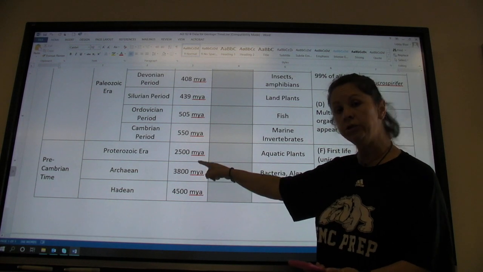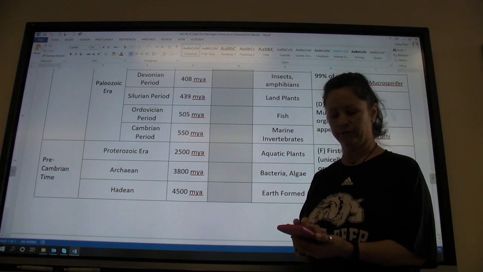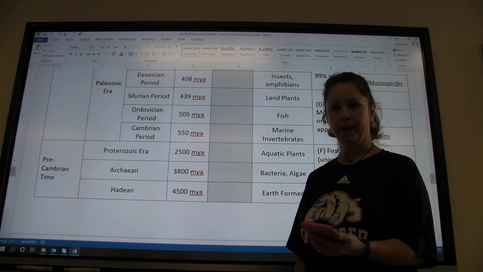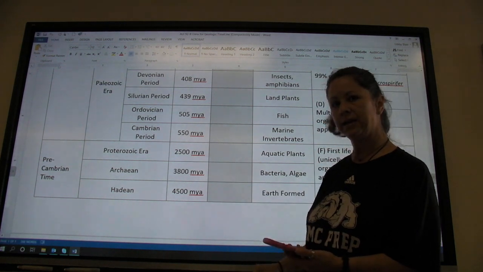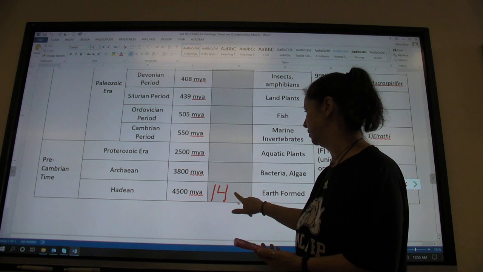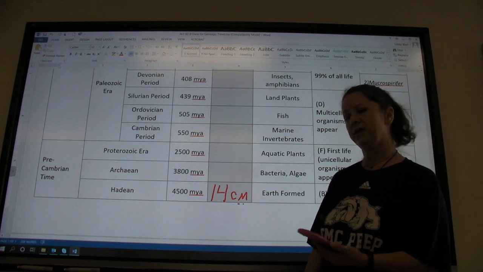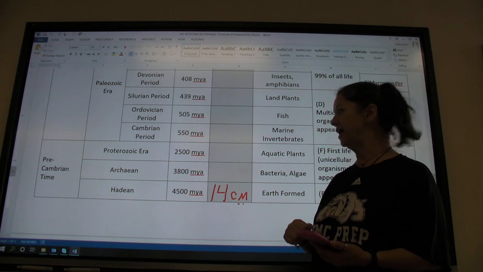Now, 700 million years divided by 50, so divide your answer by 50, and that tells you that the Hadean period lasted 14 centimeters.